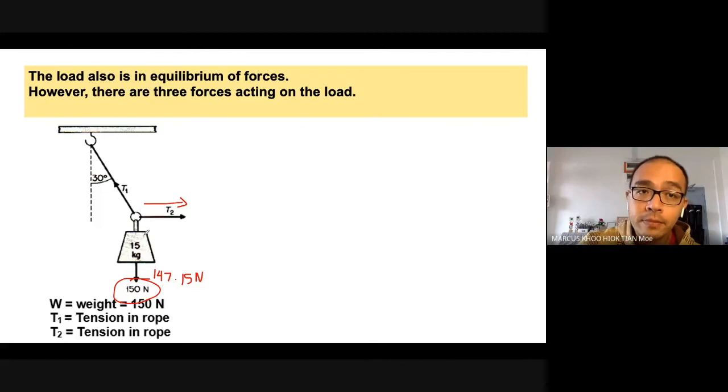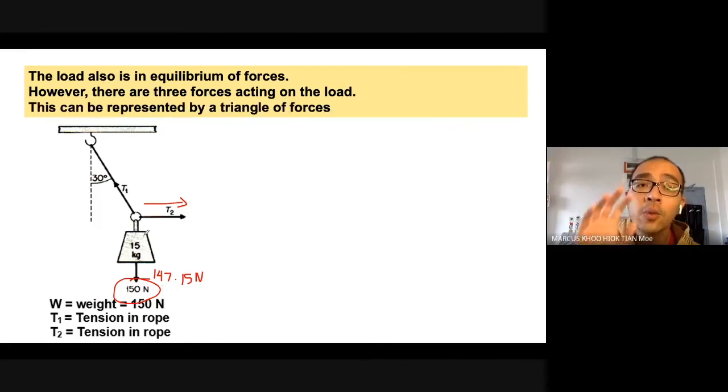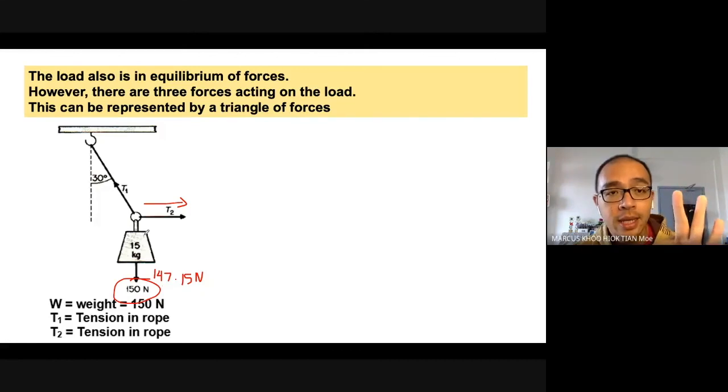Okay, and we can represent this by drawing a triangle of forces. So I repeat, there are 3 forces acting on this, and since it is in equilibrium, we can actually find the value of T1 and T2 by drawing a triangle of forces. Okay, so our first task today is how to draw the triangle of forces.